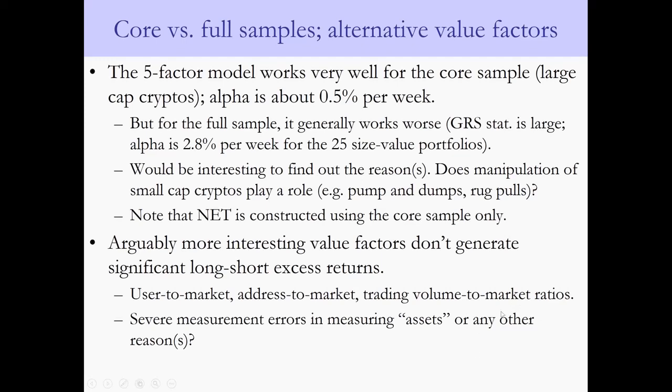But those factors do not work as well as the very simple negative of the past 1 year return as the value factor. So I wonder, what is going on here? Is this because there were severe measurement errors in measuring assets, right? Measuring assets of crypto platforms in general is very hard, but is there any other reasons why those more interesting value factors do not work well here?